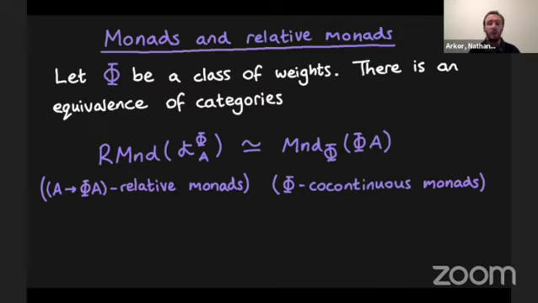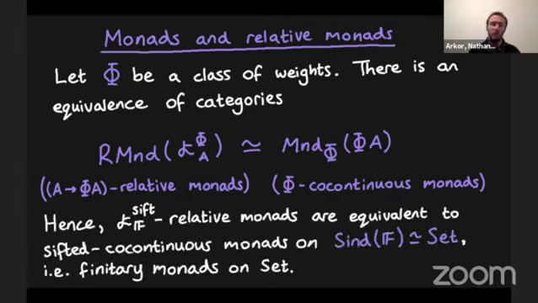Then there is an equivalence of categories between the monads relative to the embedding into the Phi cocompletion on some category A, and the category of Phi cocontinuous monads on the Phi cocompletion of A. And in the setting we're interested in, monads relative to the embedding into the sifted cocompletion of F are equivalent to the sifted cocontinuous monads on the sifted cocompletion of F, which is just the category of sets.